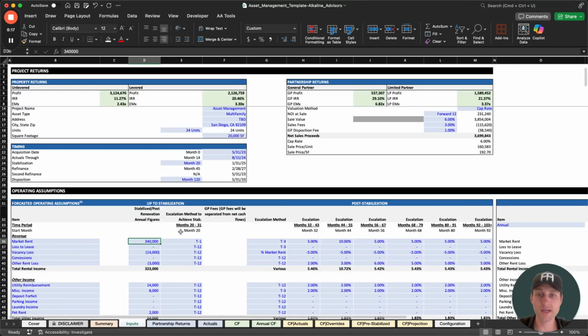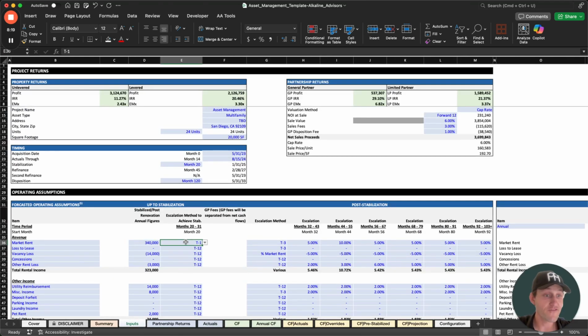And then we're choosing what figure or figures we want to average to then straight line the annualized amount through to the stabilization period. So we can toggle between taking just the rolling trailing one and then straight lining that.